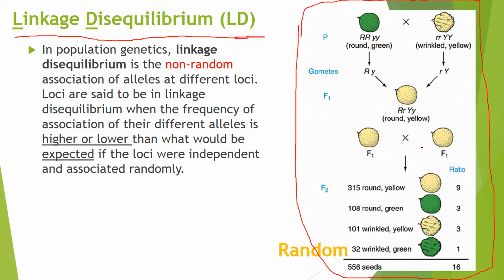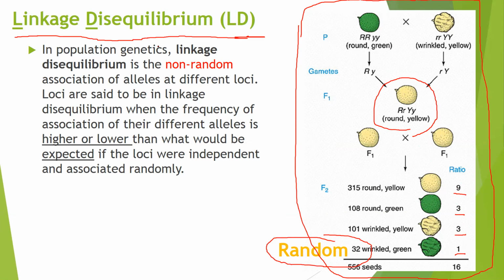If they are unlinked, when we do the dihybrid cross, we're going to get 4 categories of phenotypes, and they're going to follow this ratio, right? The 9:3:3:1 ratio. All right. So this is totally random, which means these two genes are randomly assorted, and they are unlinked.